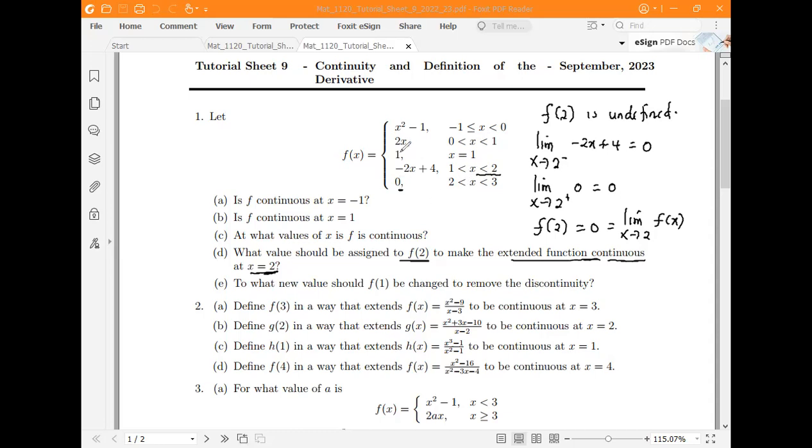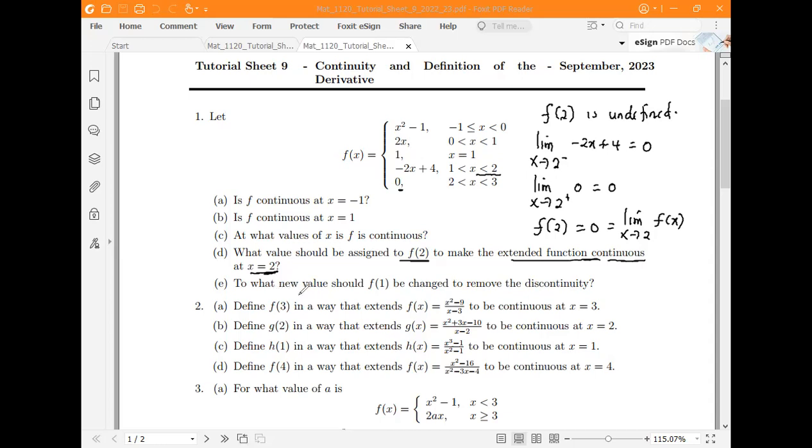So I'm using the principle of the graph. Remember I said if you are graphing and there's no lifting of the pen, for lack of better terms, then we could say that the function is continuous through there.